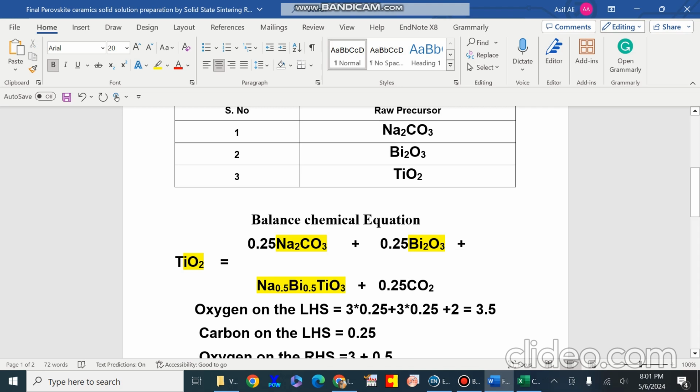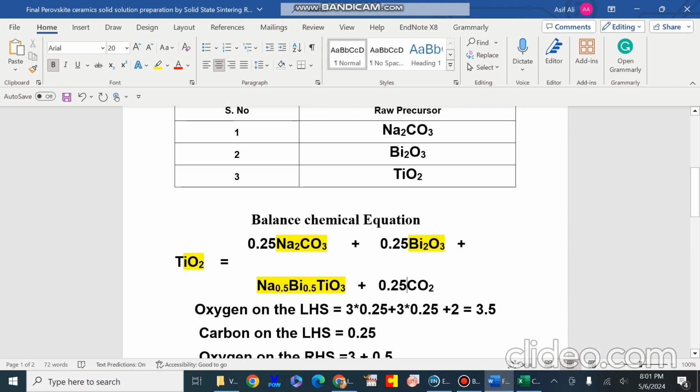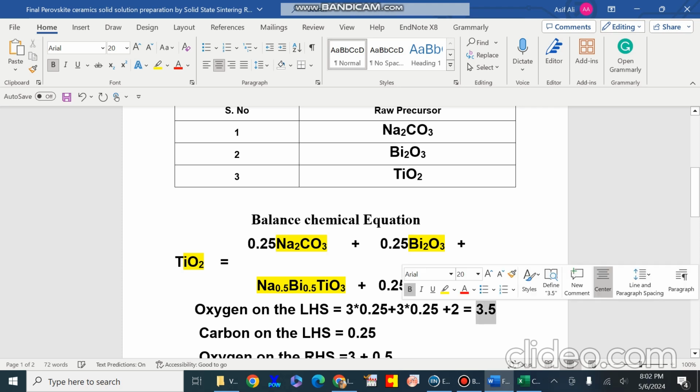Now we need to find out how much oxygen we have on the left side and on the right side of the balanced chemical equation. If we multiply 3 with 0.25, we obtain 0.75, and the same is the case for this one, and here we have 2 oxygen. So the total number of oxygen in mole percent is 3.5.